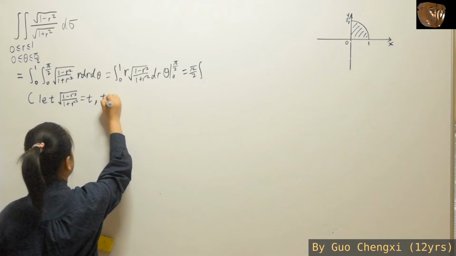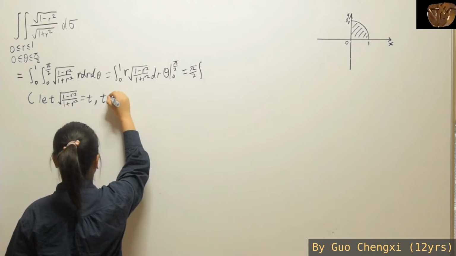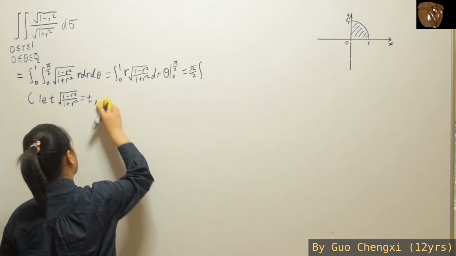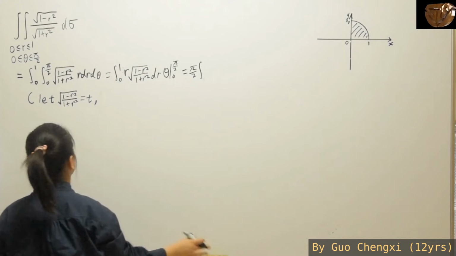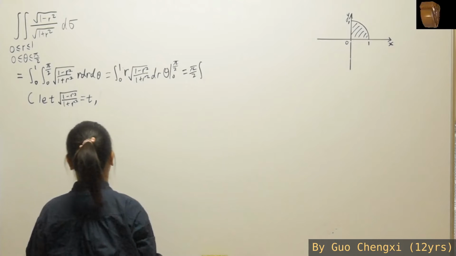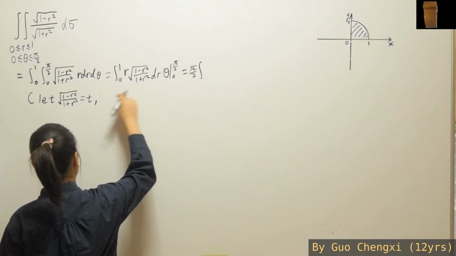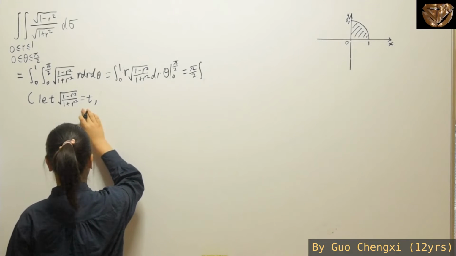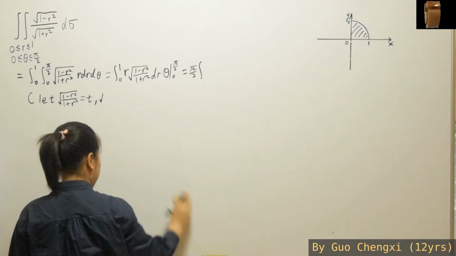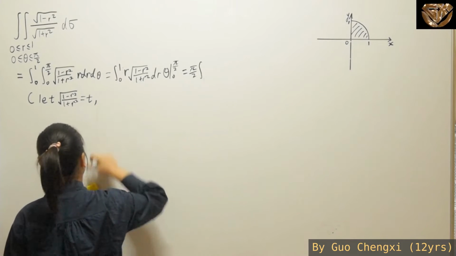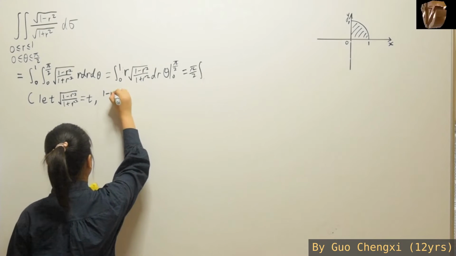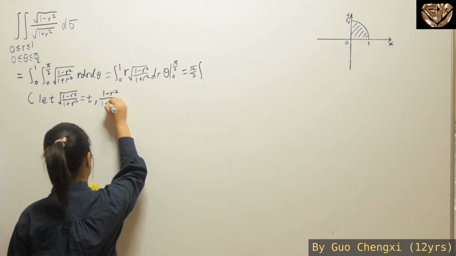Then, in order to find dt later on, we also have to find what dr and r are. So this is equal to t. Thus 1 minus r squared over 1 plus r squared is equal to t squared.